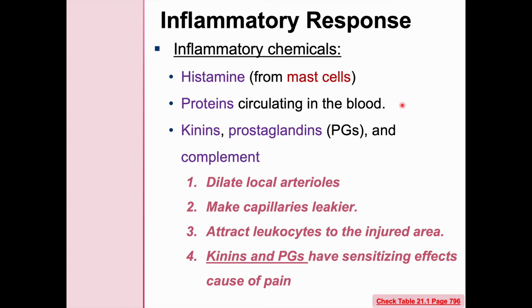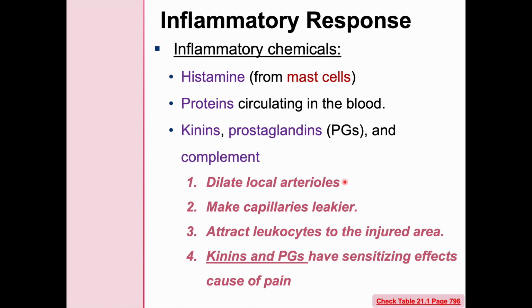Then the inflammatory chemicals: histamine, released by the mast cells, and proteins circulating in the blood, the immunoglobulins IgA, IgM. Then kinins and prostaglandins are chemicals that help dilate local blood vessels, make capillaries leakier, and attract white blood cells.